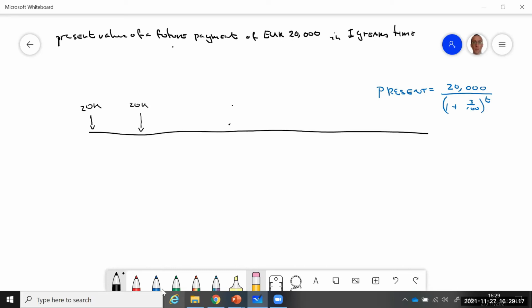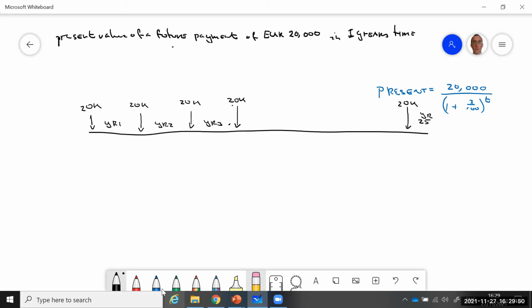At the start of the third year, he wants 20k. At the start of year 4, he wants another 20k, all the way up to the start of year 25, where he wants another 20k.